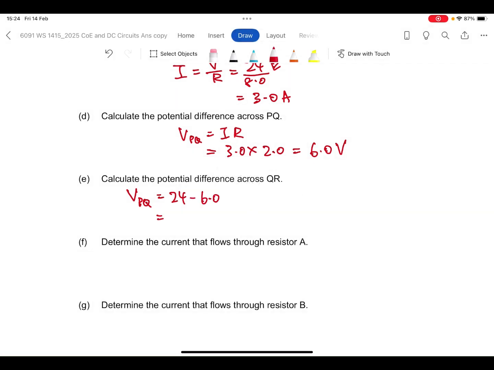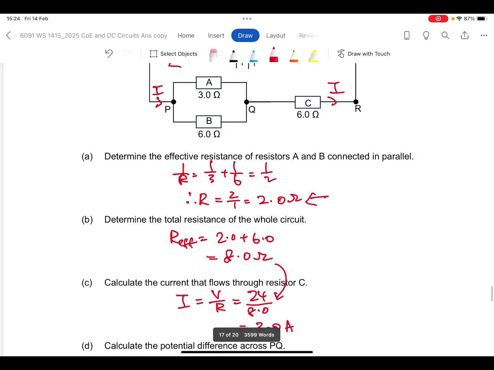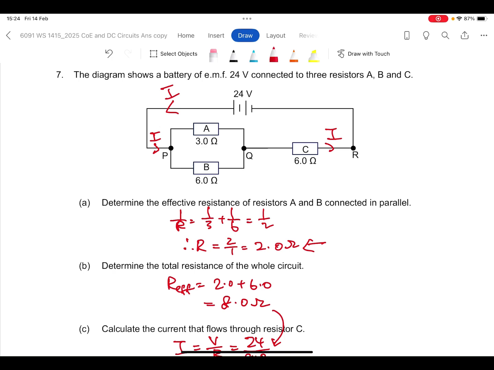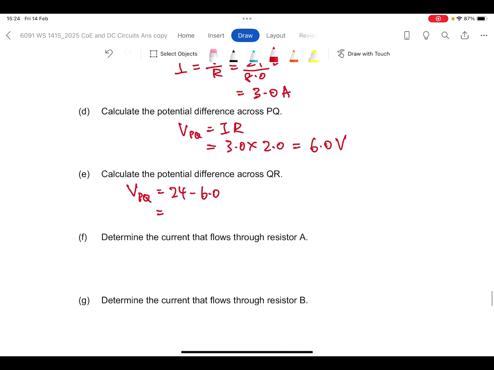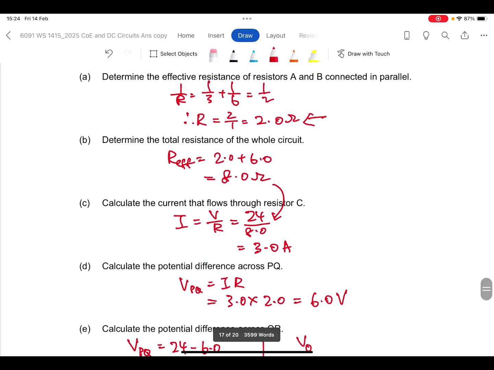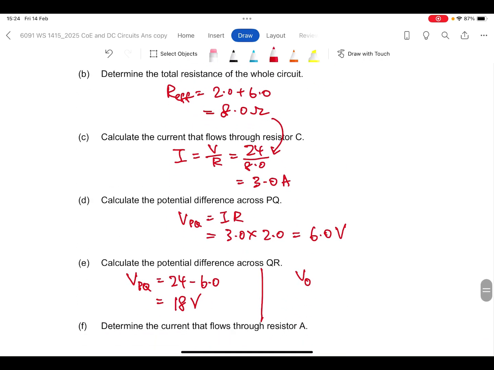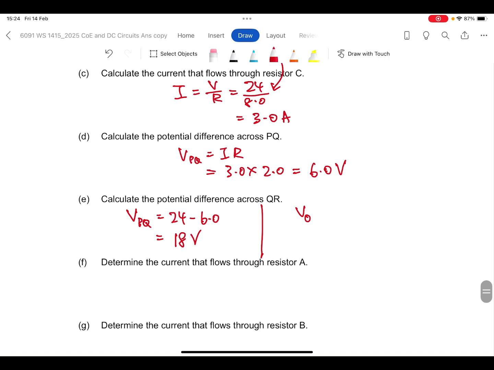Remember, I said at the beginning, VPQ plus VQR will be equal to the EMF of 24 volts. So if I want to find VQR, I just take 24 minus 6 to get 18 volts.